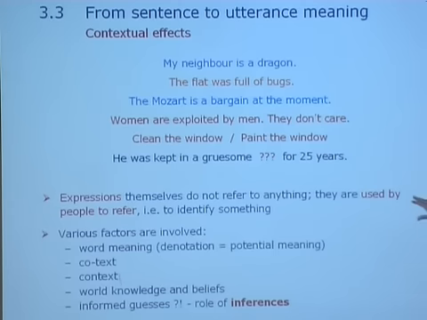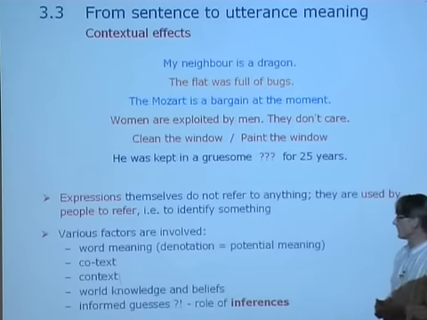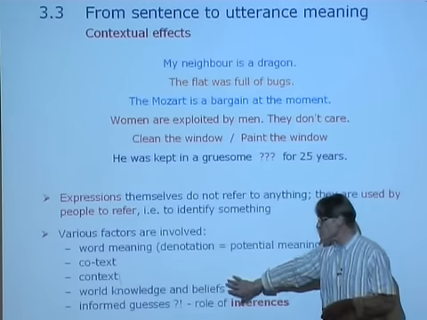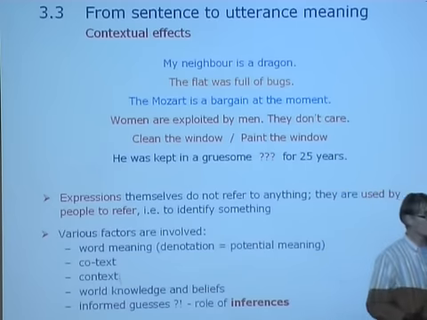So that's what we applied here in these examples. And we make use of world knowledge. What we know about this world, how things work in this world, what things exist or don't, and what makes sense in this world or doesn't. Okay?